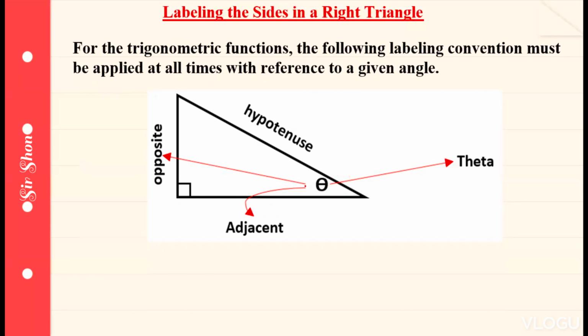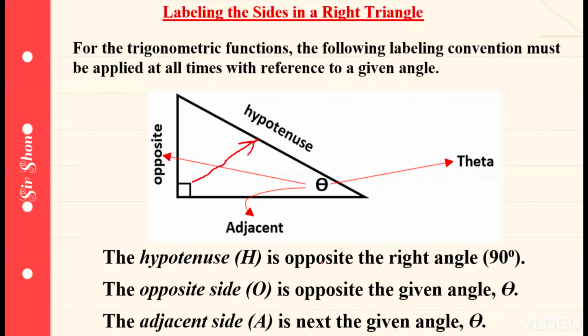The side that is opposite to theta, or to the given angle, is called the opposite side of a triangle. And the longest side of a right triangle is called the hypotenuse, the side that is opposite to a right angle.